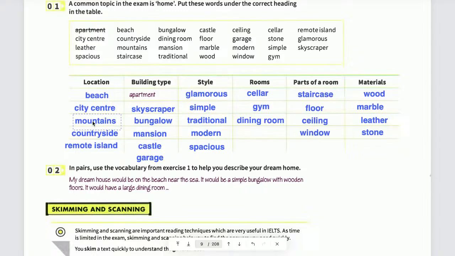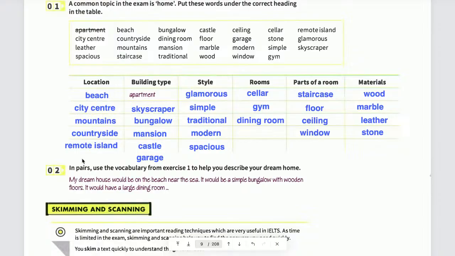Again, location, what do we have? City center. Yeah, what else? Countryside. Yeah, mountains. All right, we go one by one. So location, we have 5 of them: beach, city center, mountains, countryside, remote island.